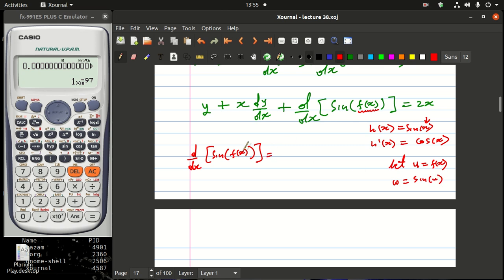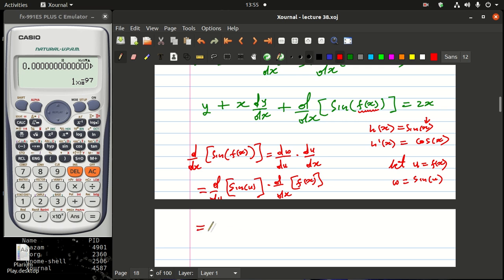So the derivative of this part here is going to be the same as d of sine u with respect to u, times du with respect to x. I'm using a chain rule here. So if you look carefully, I have d sine of u du, times du dx, and my u here is just f of x.